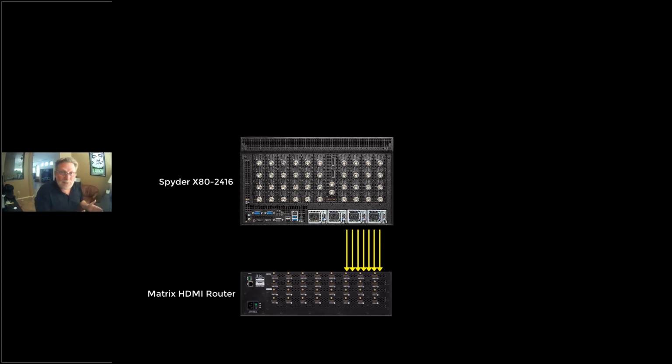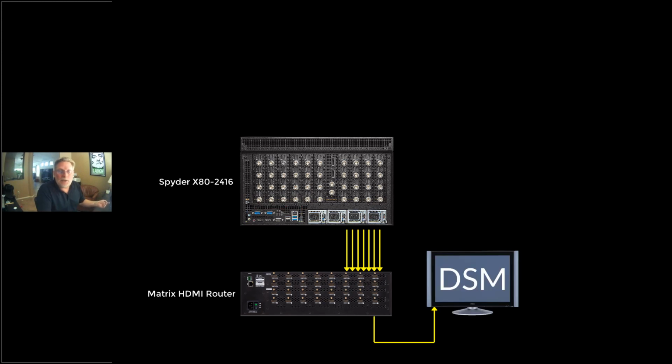Both the main Spyder and maybe the backup Spyder are all going into the inputs of this router, and then the outputs go directly to the display. This gives us the ability to do a hard switch directly from main to backup. That router would probably have nothing connected to the Spyder in the router patch, but it's on the network and we're controlling it, so that's how they could do a quick switchover.